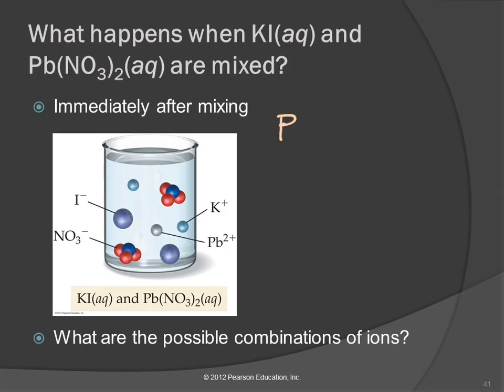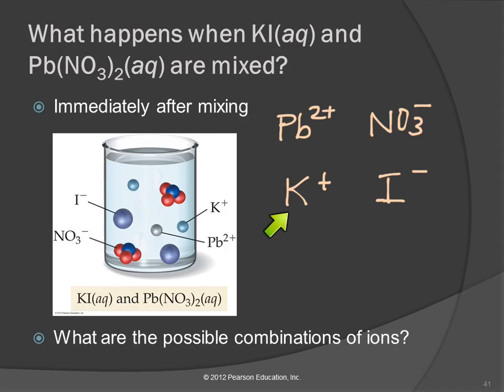So Pb 2+, and potassium. Potassium came with iodide and lead came with nitrate. And so we're looking for the combination that forms an insoluble compound. We know it's not lead with nitrate because in the beaker all by themselves they were soluble.